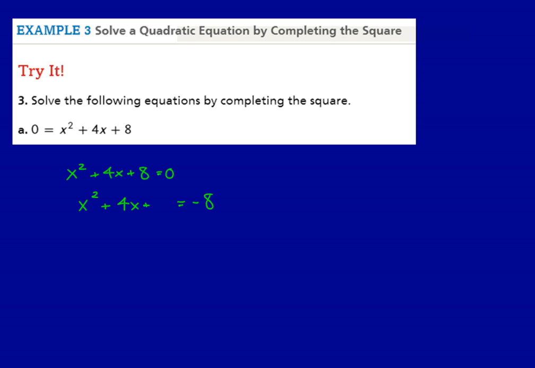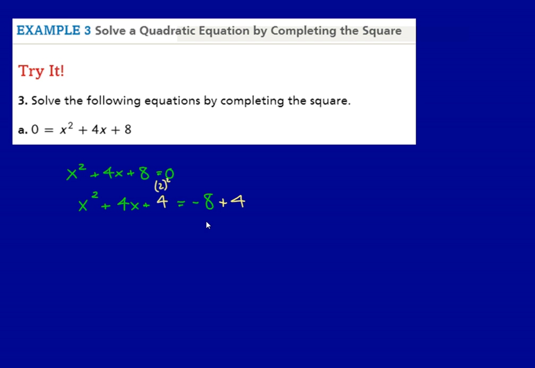All right, so I'm going to cut b in half to get 2. I'm going to cut 4 in half to get 2 and square it, which is 4. So remember, this is 2 squared, or b over 2 squared. If I do it to one side, I have to do it to the other, so I'm going to add 4 to this side.